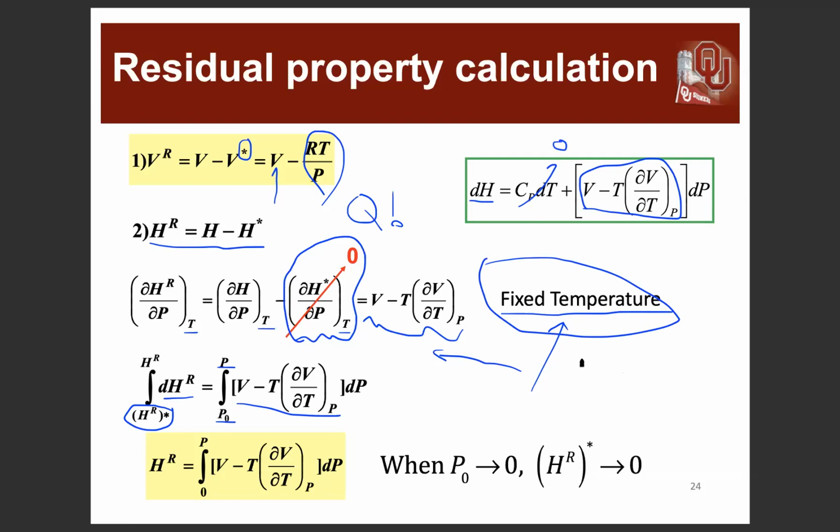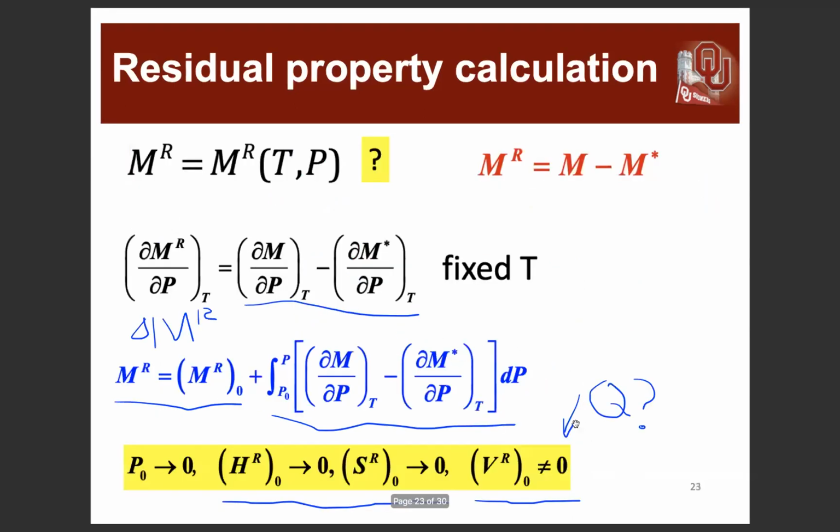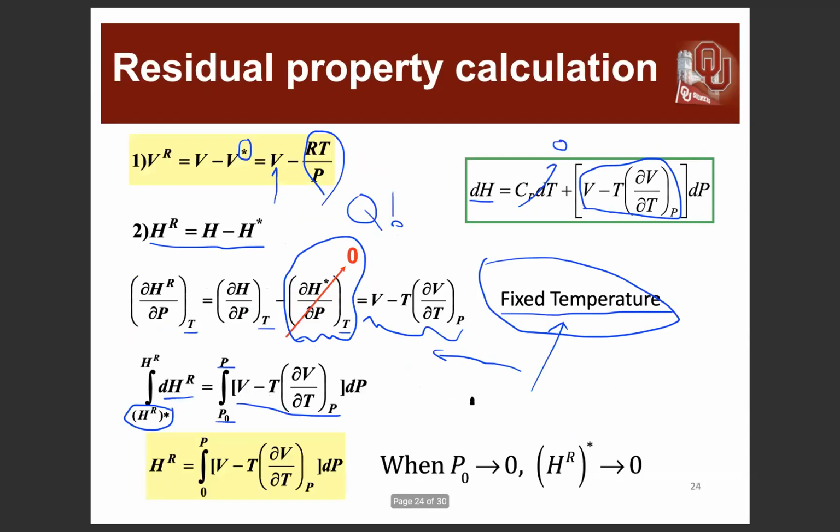Okay, I think I have to stop here, but try to think about the two questions I leave to you. One is on slide 23. At this zero pressure, this residual property will be 0 for HR and SR, but not for the volume residual property. And the other question is to revisit how we can prove this term will be 0 for an ideal gas.